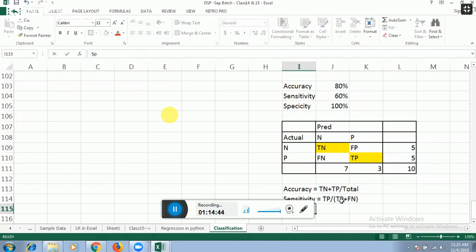Why FN, meaning false negative? That means this is true positives by 5, that is your sensitivity. How did you get 5? The sum of these two. So sensitivity is correct classification of actual ones: true positives by true positives plus false negatives. Specificity is true negatives by true negatives plus false positives, because that sum is 5.